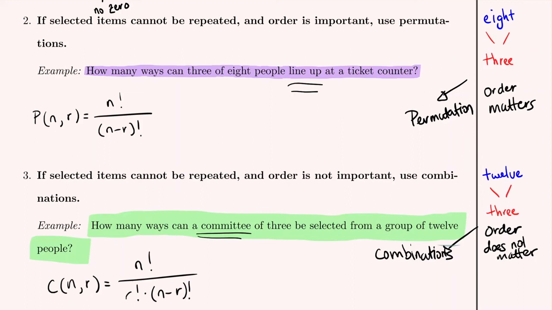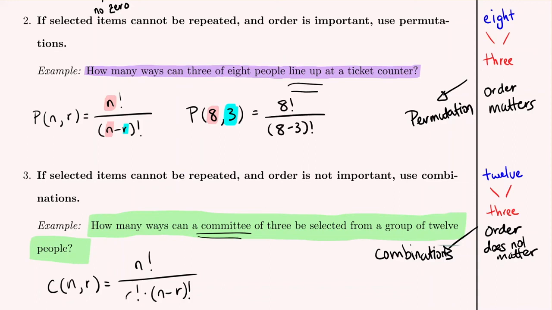Now in particular for our second example, I started with 8 objects. I wanted to arrange 3 of them when order mattered. So I had 8, that's my total number. I'm selecting 3. So to follow my formula, it would be 8 factorial over 8 minus 3 factorial.